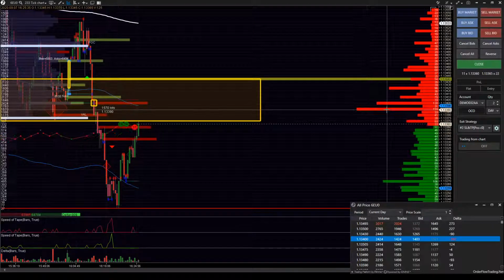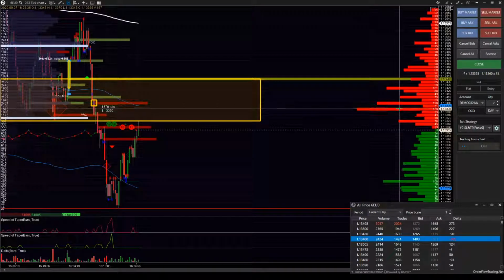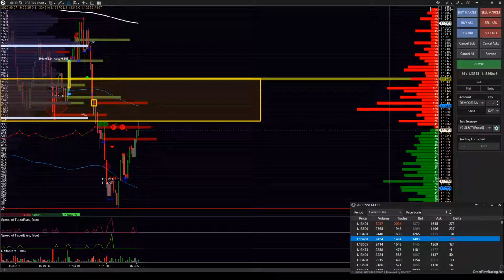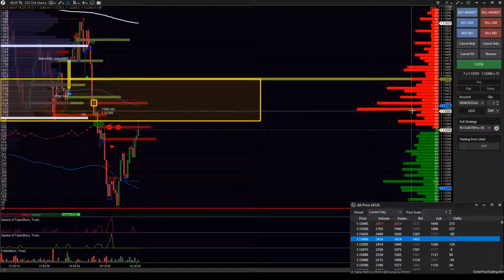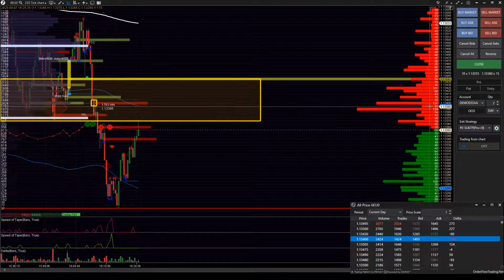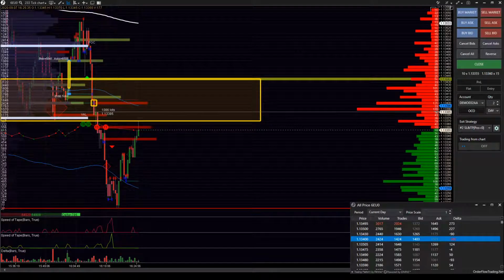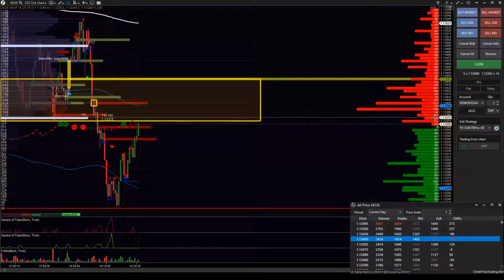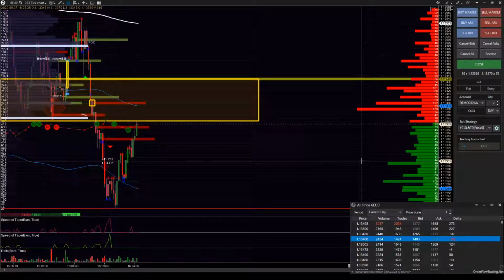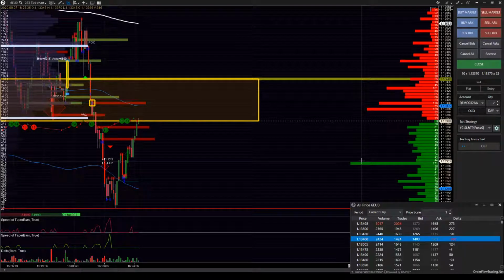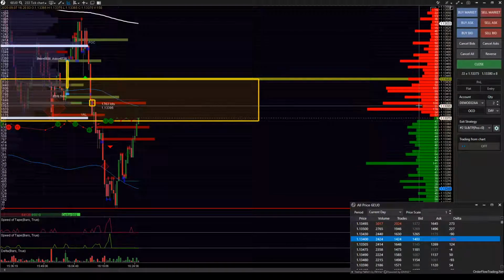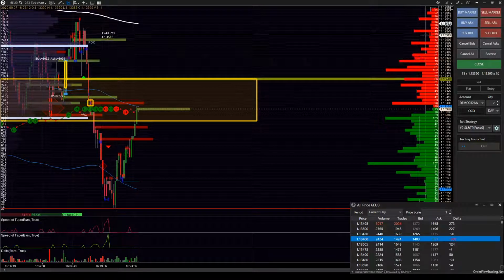But sometimes they can be used as a resistance or as a support, because it's more difficult to take completely if you have 159 contracts here than if you have 20 or 40 contracts. So you can use that as a support or resistance, but take into consideration that if it's taken, it will move the price up very fast.